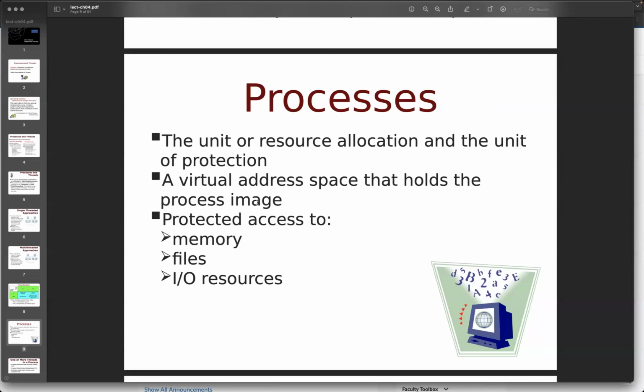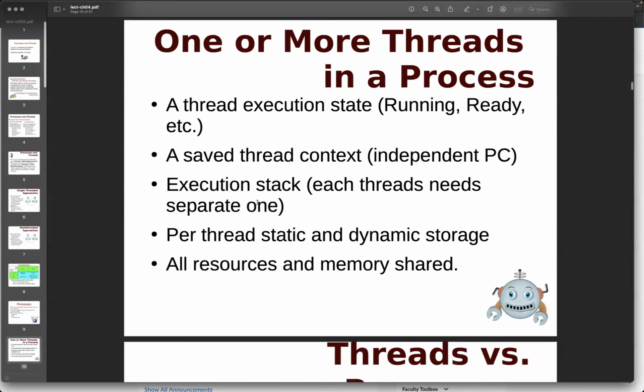If it's a minor thing, maybe just a different input type, it's just handled. But without well-defined processes, it may cause a crash. So we need to be aware of it. That's how the OS tries to protect it. Okay. So for one or more threads in the process, for thread execution state, we have the same: running, ready.